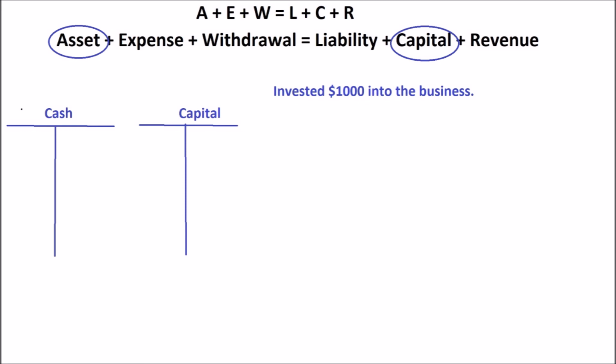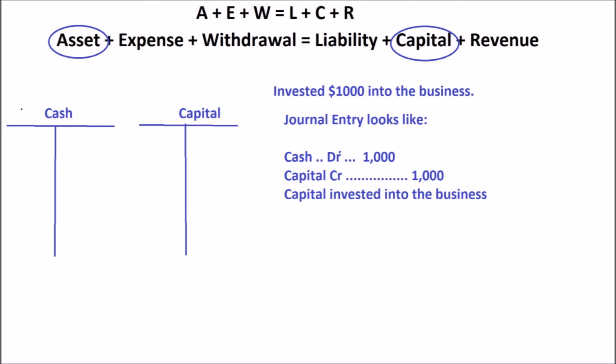So your cash is involved because cash is going up, and also your capital is involved. So your capital is going up. So since capital is over here on the right side, if it goes up, the credit has to go up. And on the other hand, if your cash is going up, since it's part of the asset class, your debit has to go up as well. So the transaction will look like this.